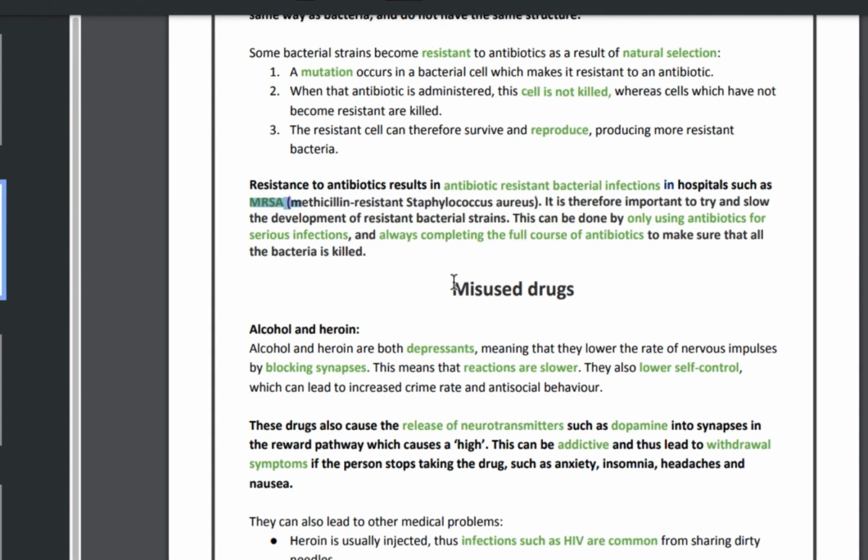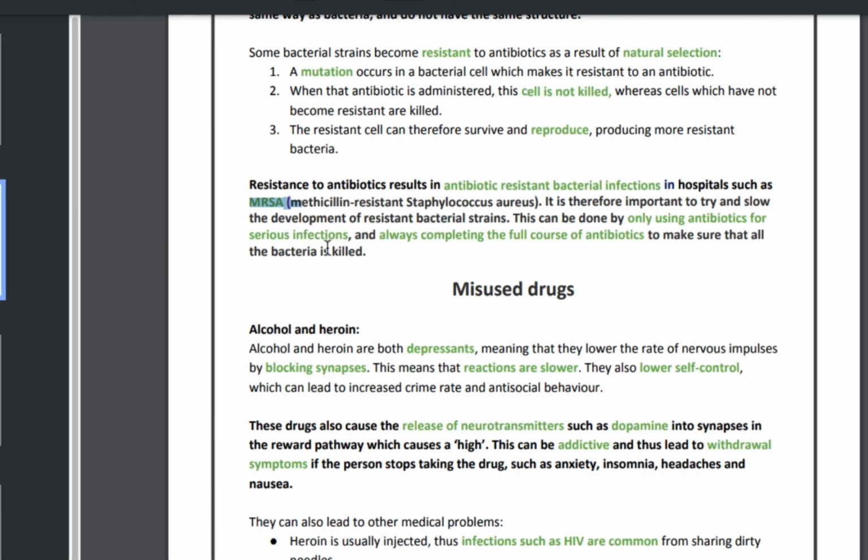It is very important to try to slow the development of the resistant bacteria strain in your body. You have to try to stop it. If not, you end up in the hospital. How do you do this? You do this by only using antibiotics for serious infection. Not like every day you are using antibiotics. Anything is wrong with you, you take antibiotics.